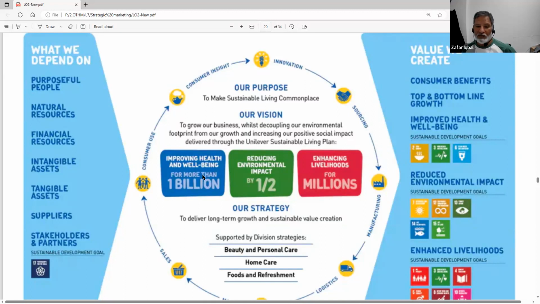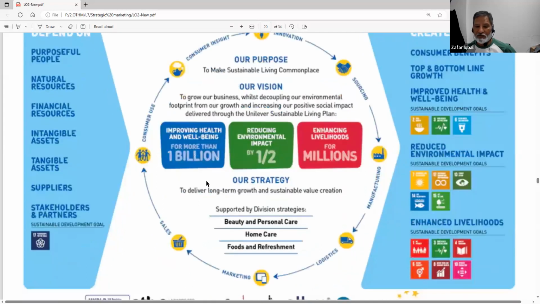They can use the environmental strategy, the sustainable growth area, the sustainable strategy, and different products supported by these strategic objectives or visions, to make sure that they are sustainable for the environment.